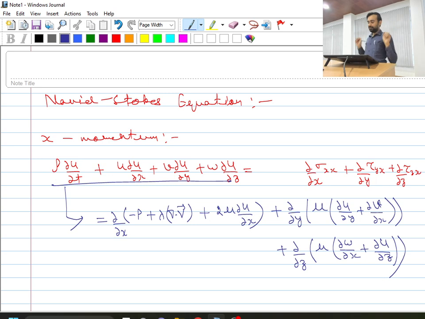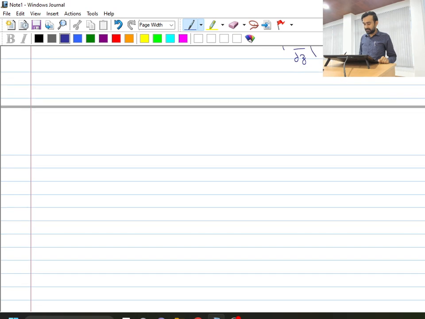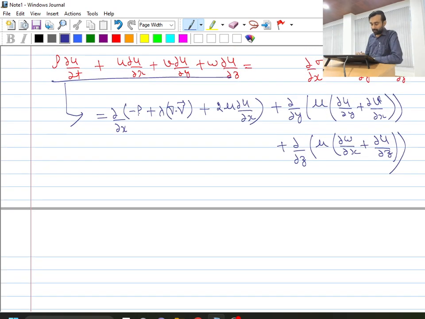So first we will try to simplify only this portion. If I simplify this equation, what I can say is that the p term I can take outside. So it will become, once again left hand side I am not writing, minus del p by del x plus del by del x of lambda times divergence of v.